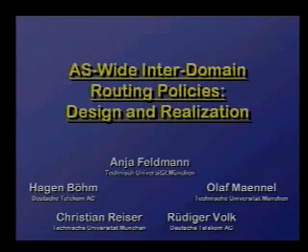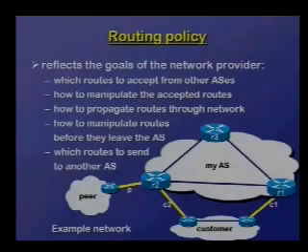So let's get moving with briefly reviewing what I mean by a routing policy here. If you have your AS over here, then what is a routing policy all about?